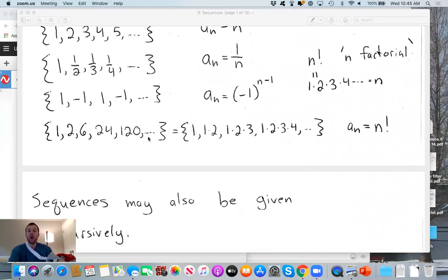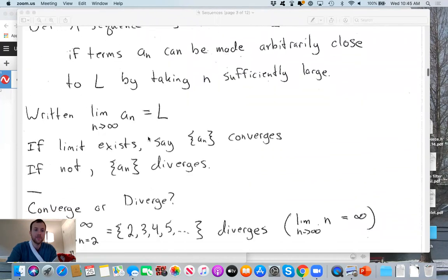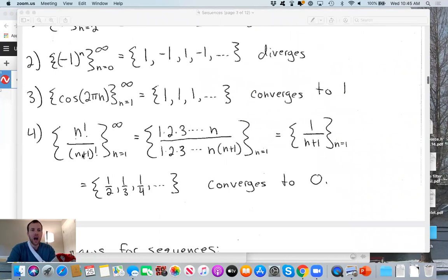N factorial on its own goes to infinity. The numbers keep getting bigger and bigger. So in this case, the top and bottom both keep getting bigger and bigger, and that gives us really an infinity over infinity form.